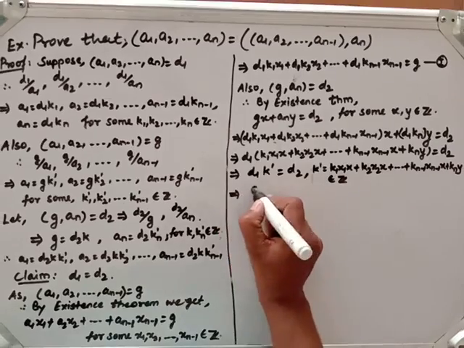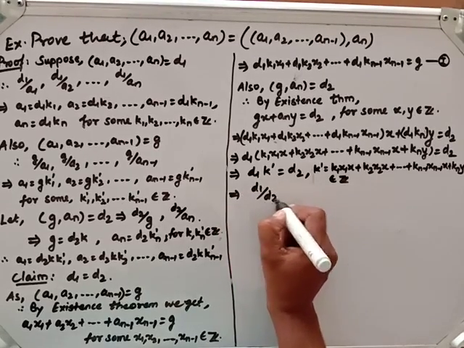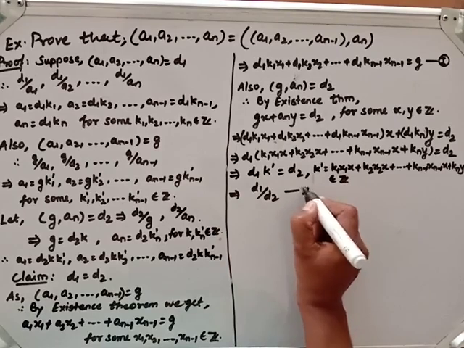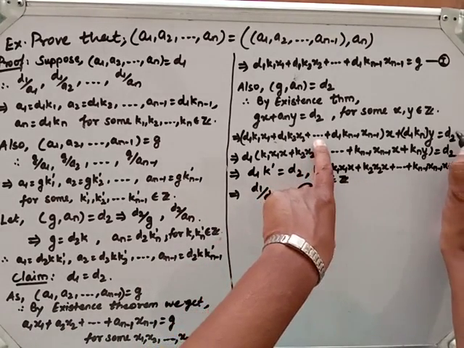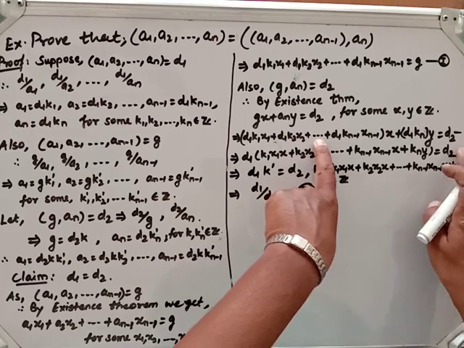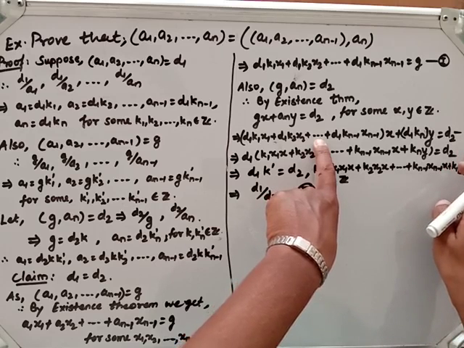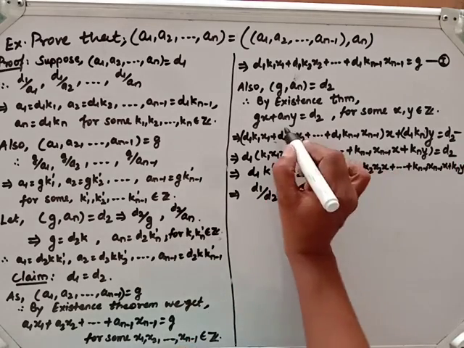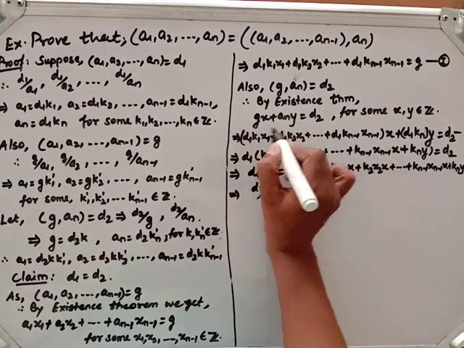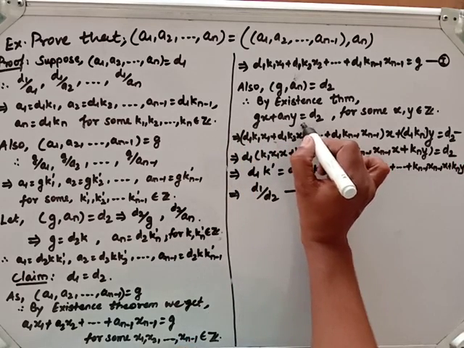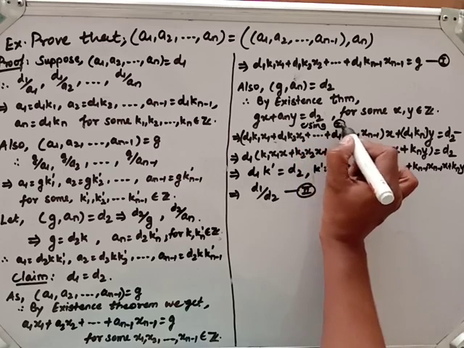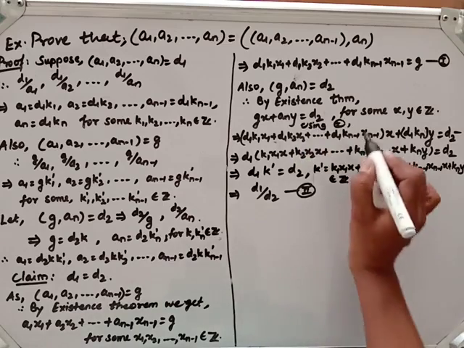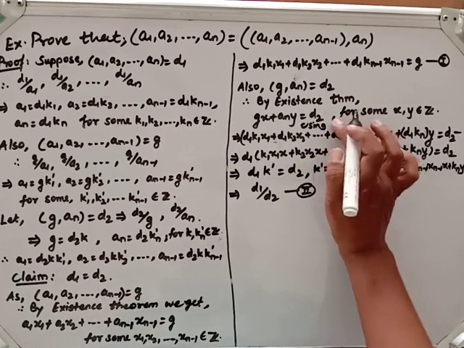So this gives d1 divides d2. Call this equation number 2. Here we have used equation 1, so you can write the reason here, using equation 1.